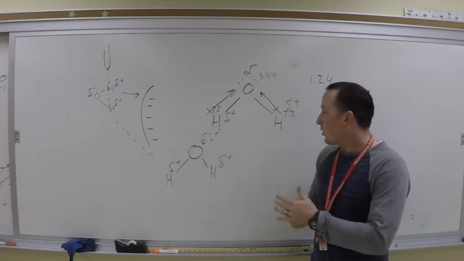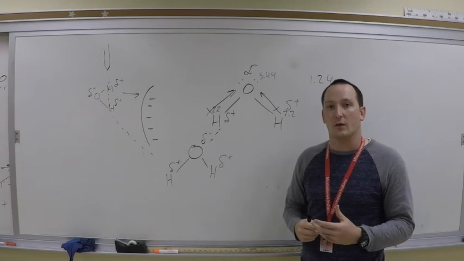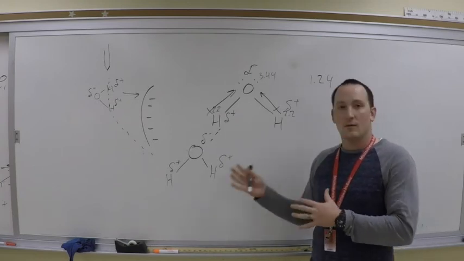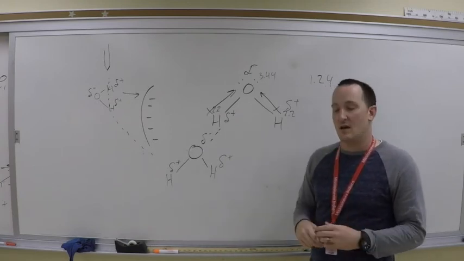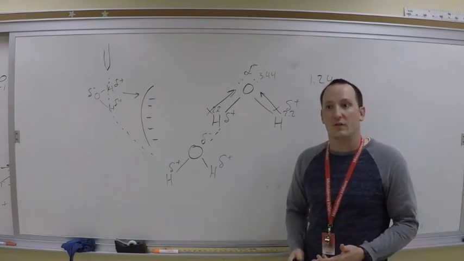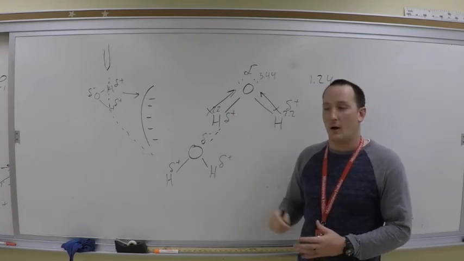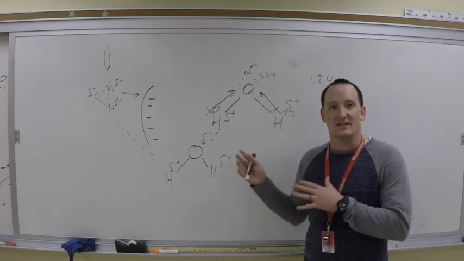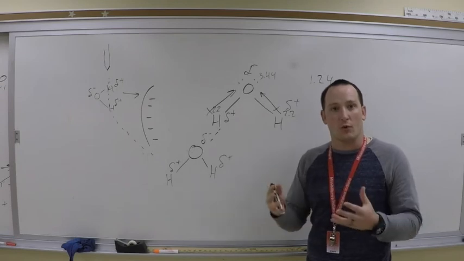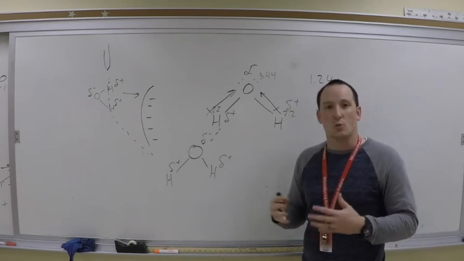And so when they start to stick together, it changes their properties a little bit. When you have polar substances, they typically have higher melting points, higher boiling points, which is why water, actually for its size, for its molar mass, which we'll learn how to calculate later on this year, has a really high melting point.